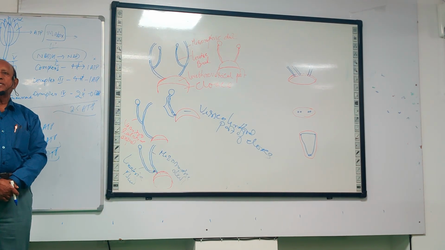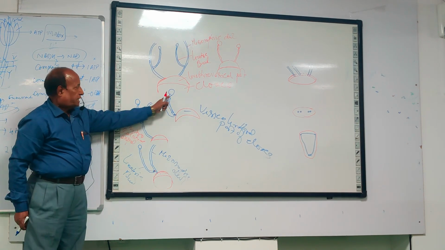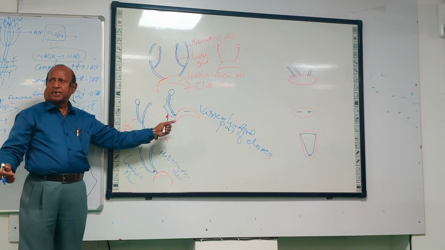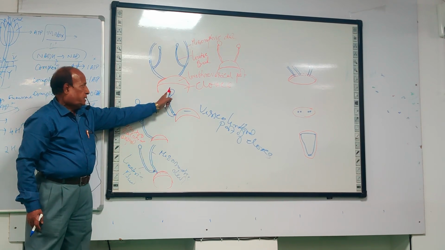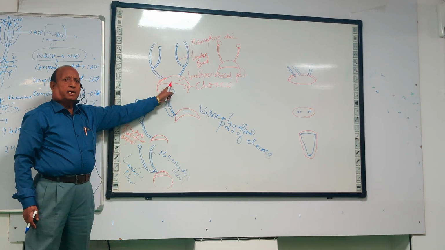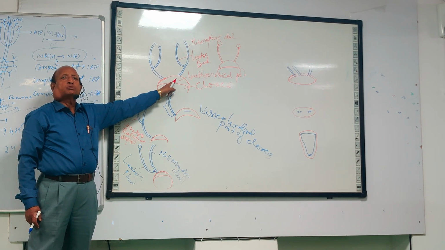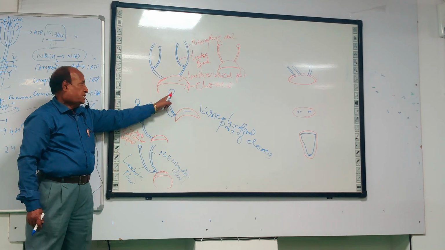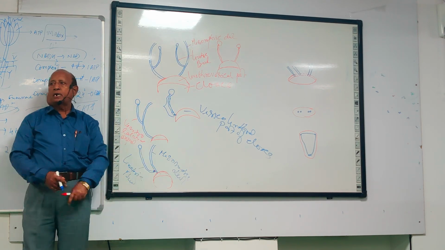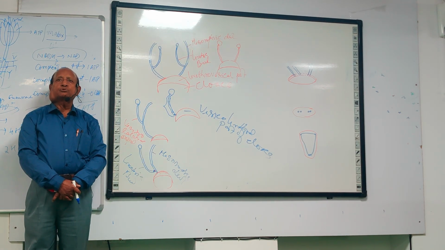So it ultimately opens here, and this same part, from here to here, will give rise to the ureter. So in this way the ureter develops. The cranial expanded part of the ureteric bud will give rise to the kidney, and the stem of the ureteric bud gives rise to the ureter.